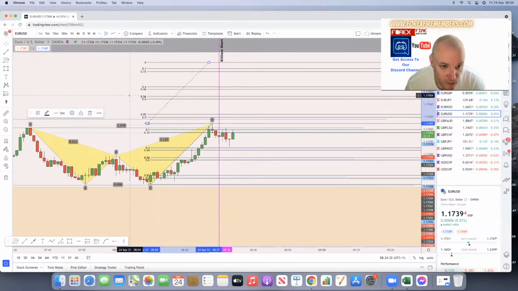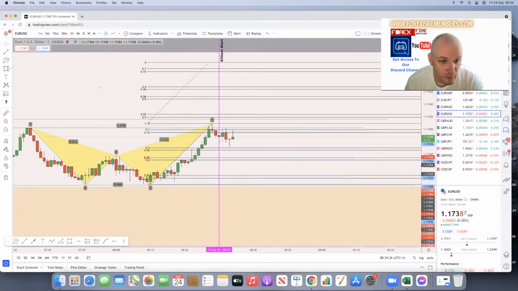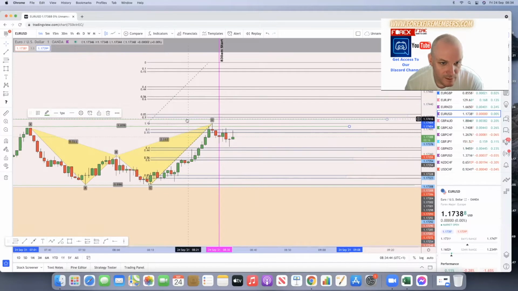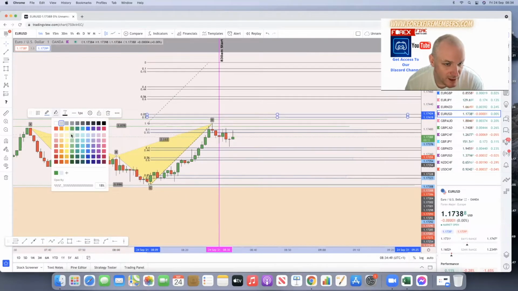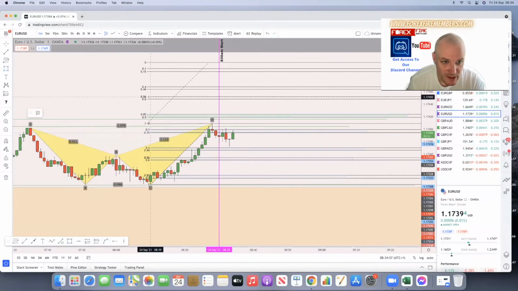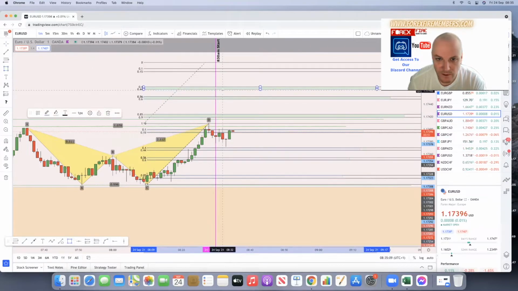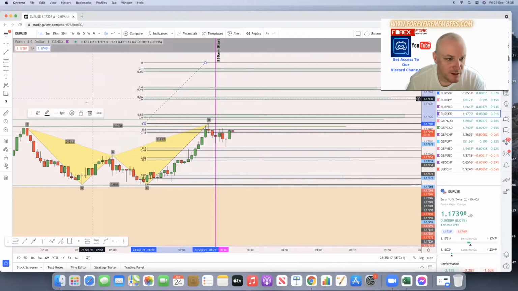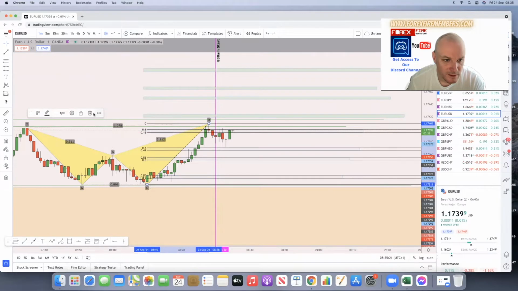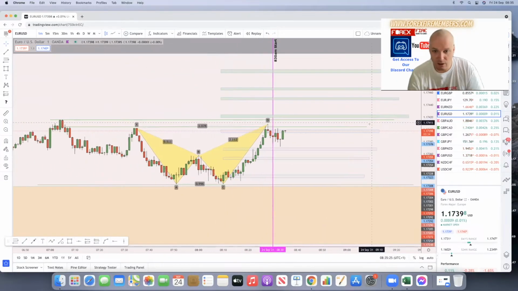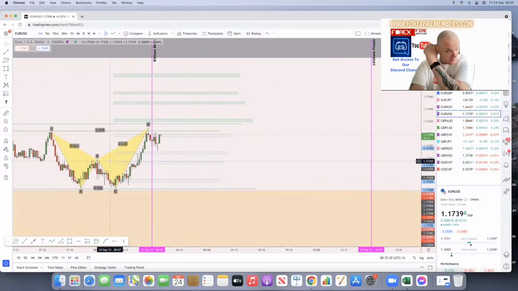Again, you put the one line on the 0 and you should end up with 1, 0. Okay. We'll make these zones here a lightish green. Okay. Because these will be on the upper side. And we'll make these into levels here as well. We'll see how this reacts today. If we can get rid of that. Right, guys. So there we have it. We've got our harmonic, which was just before the 8 o'clock.